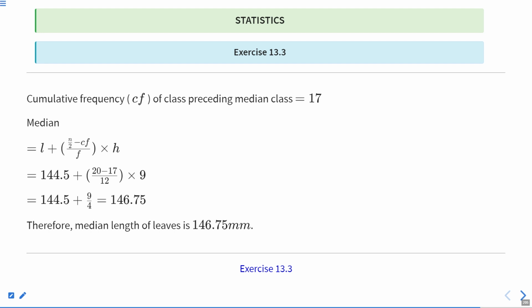Substituting these values, we get 144.5 plus 20 minus 17 by 12 times 9, which is 144.5 plus 9 by 4, and this is equal to 146.75. So the median is 146.75. Therefore, the median length of the leaves is 146.75 millimeter.